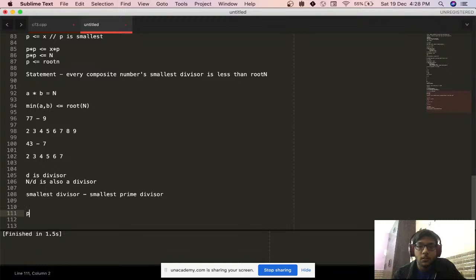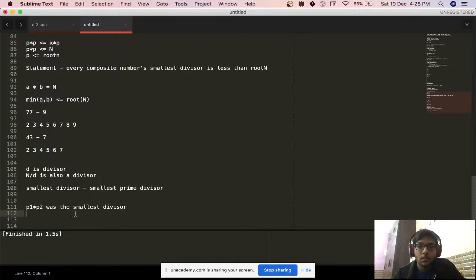Let's say it was p1 into p2, and we say that p1 into p2 was the smallest divisor of n, but that cannot happen. p1 into p2 cannot be the smallest divisor, because the smallest divisor is the minimum of p1 and p2, right?